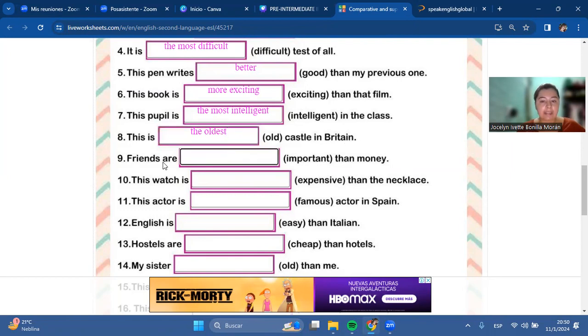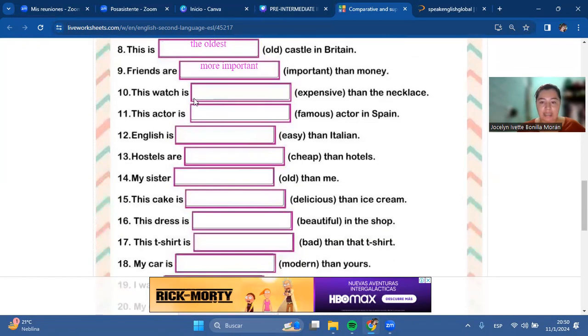What about friends are than money? Think about this then. More important, yes, more important because we have two. We are talking about friends and we are talking about money. We are comparing the two things. And what about this watch is expensive?